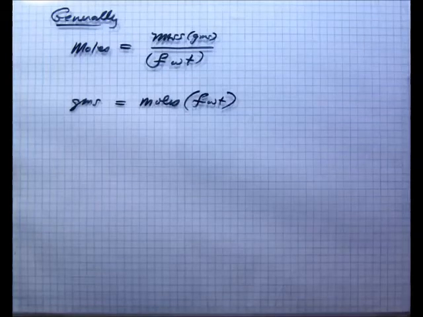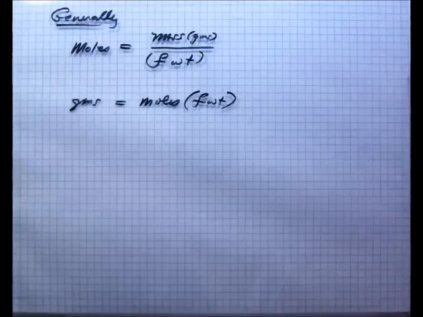So converting mass to moles, divide by formula weight, or moles to mass, multiply by formula weight. It's just one of those things that you're going to do so much from here to the end of this course. And if you stay in any chemistry field, analytical chemistry field, this is going to be a dominant dimension of what you are and will be doing.